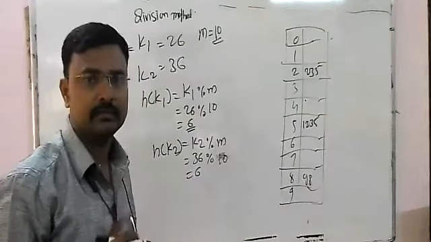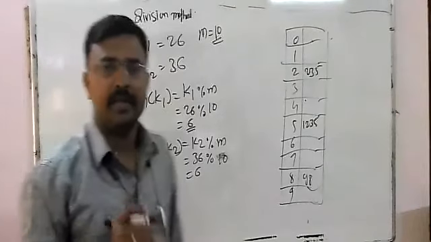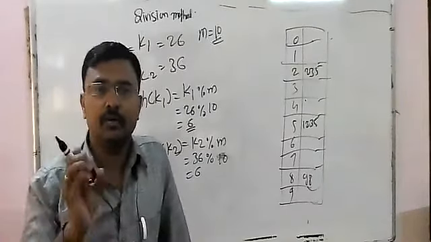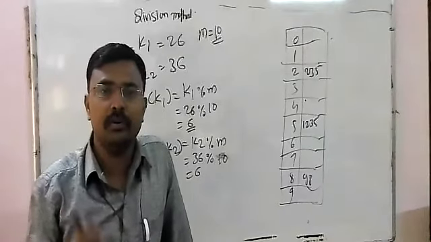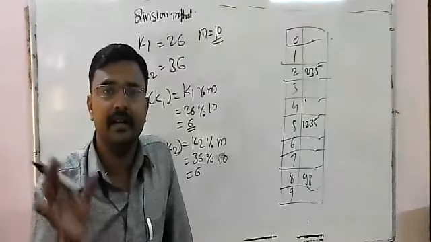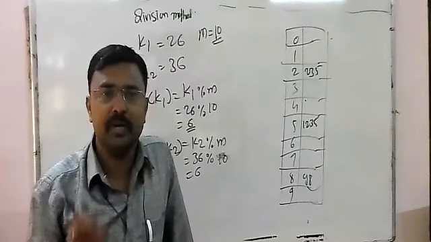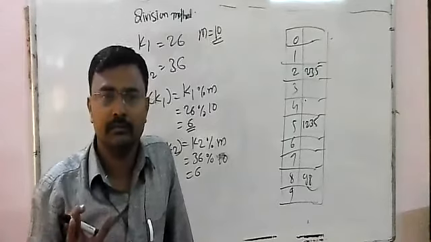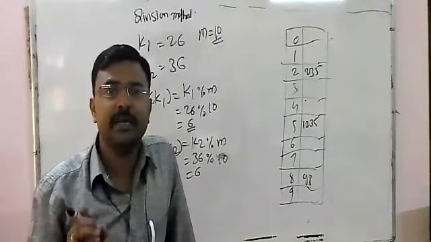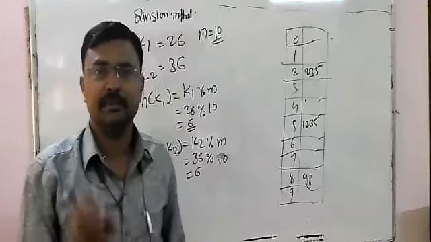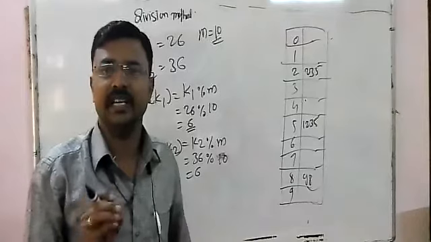Means what? Here you may get the same hash value for different key values. This is the main drawback of your hashing technique.